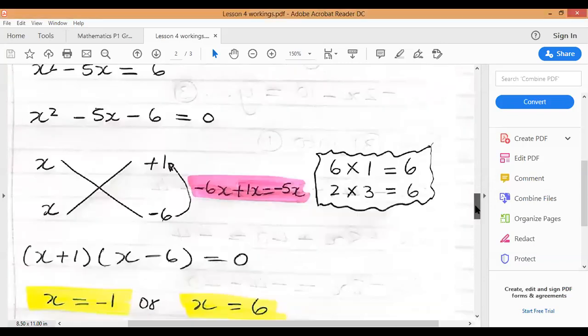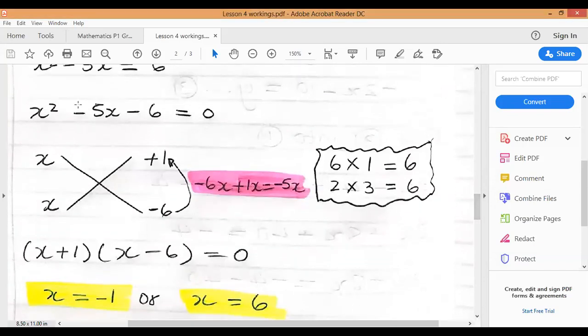Then remember, you must solve it as a trinomial, guys. Remember, it's x and x, and you must write the multiples of 6: 6 and 1, 2 and 3. I've already explained this one. I hope it makes sense.